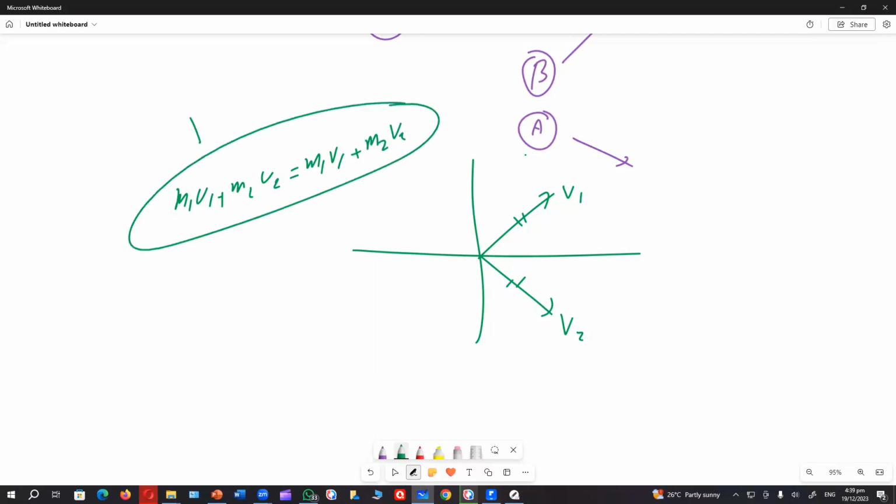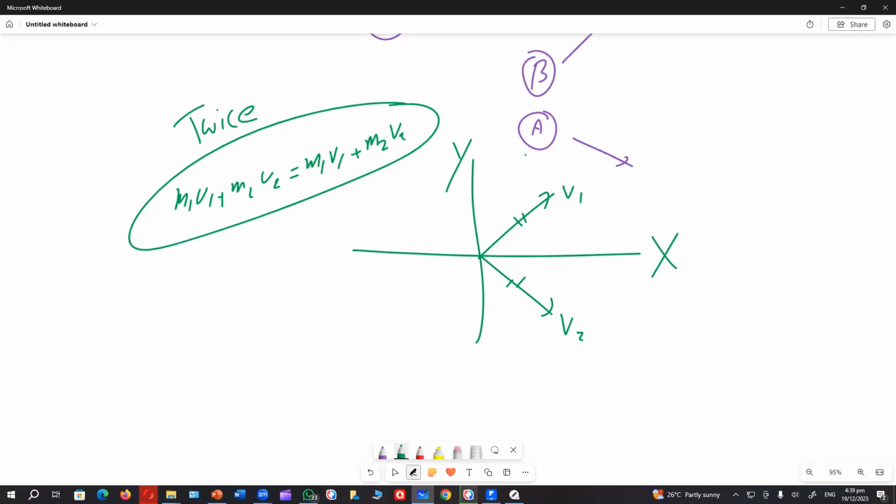You have to apply this formula two times, once for the x-axis and once for the y-axis, and then after that, you can solve the two equations to get the final answer. 2D momentum means that you have to actually solve the question two times in a way.